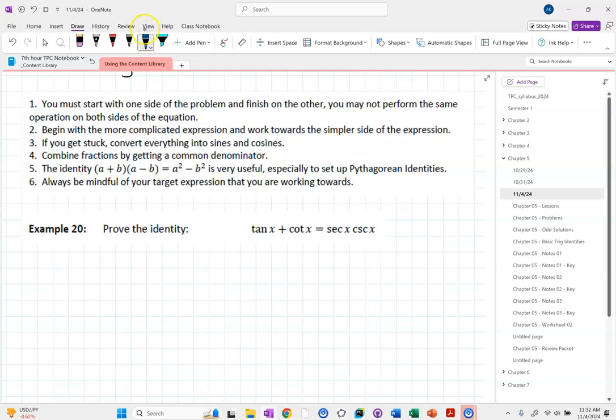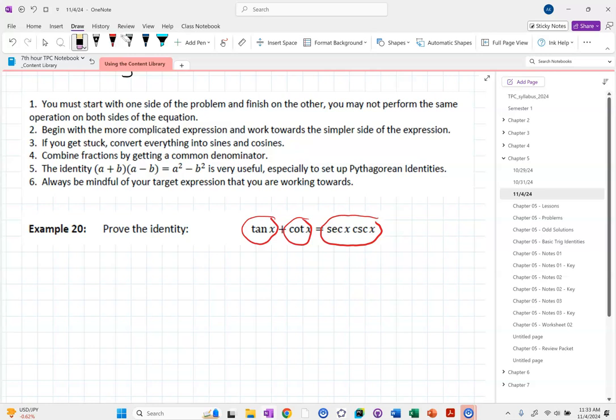If I look at the left-hand side, I see that I have 2 things and they're added together. If I look at the right-hand side, I see 1 thing that consists of 2 pieces added together, right? In general, we're going to think of addition as more complicated than multiplication.